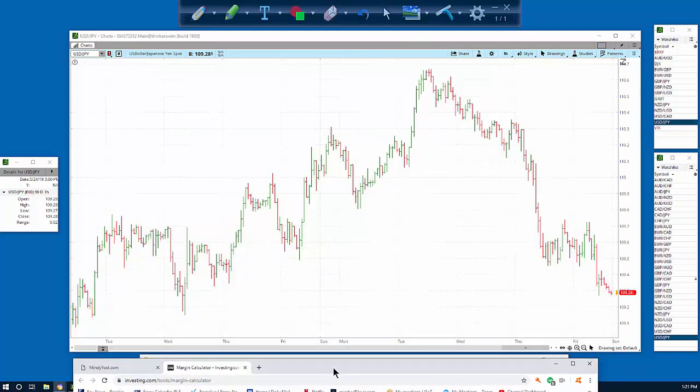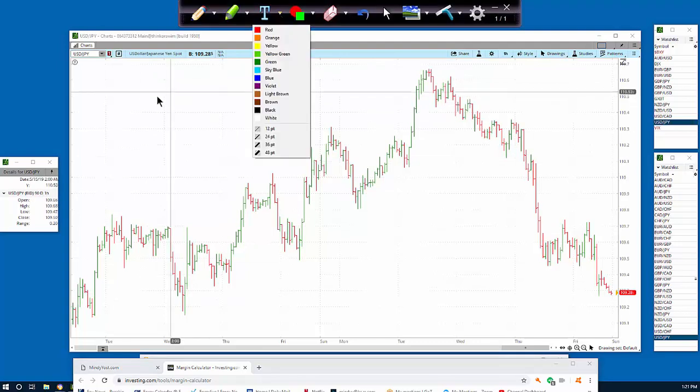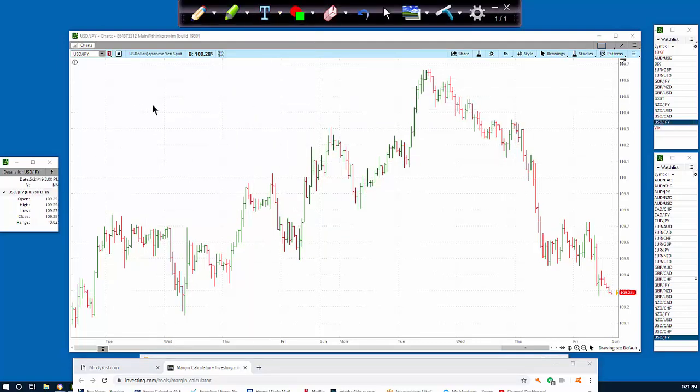But if I know that I only want to invest $1,000 in my trade, that means I'm going to do a 1 mini lot trade. With a 1 mini lot trade, I'm using 1/10 of my account to manage that trade, so I'm using $1,000 to manage this trade.